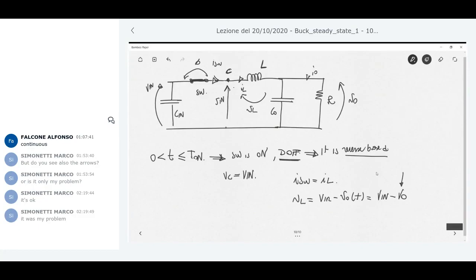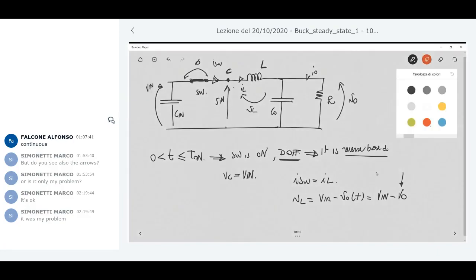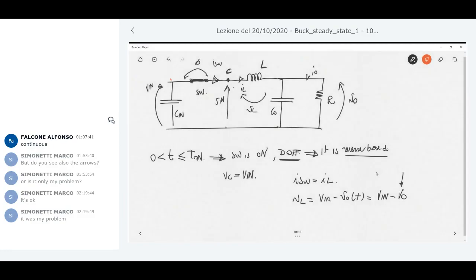In this phase, during T on, what happens? The power from the input transits here and charges this capacitance here.